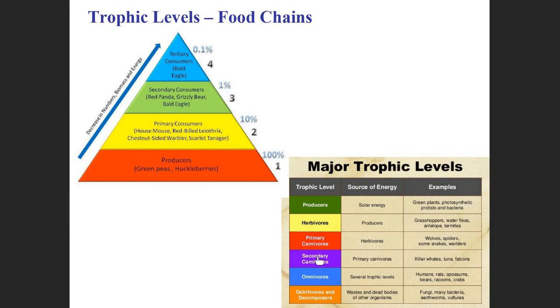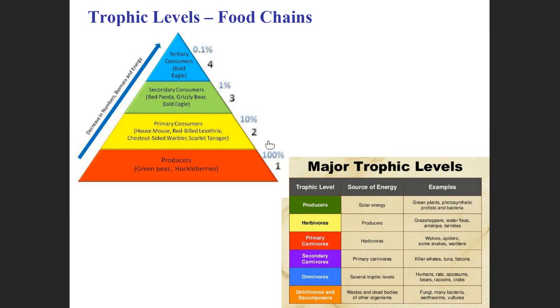A secondary carnivore is a tertiary consumer, and it eats the primary carnivores. Omnivores eat at different levels, right? An omnivore can eat plants or animals, so they eat at all different levels. And then detritivores and decomposers are those organisms like fungi and bacteria, earthworms, even vultures, because they eat dead animals, right? So they eat dead things. And so they help to keep the environment sort of clean because they eat all those dead things.